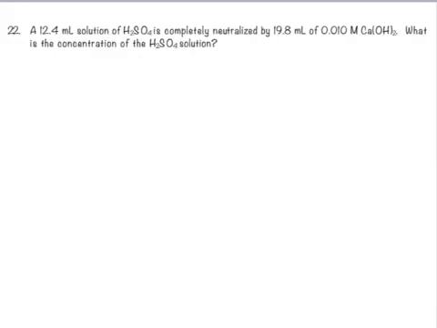All right, another titration problem. This time we have sulfuric acid, so H2SO4, and to this we're combining calcium hydroxide. Once again, we've got to balance this formula. We're going to form some water, and then what's left over?